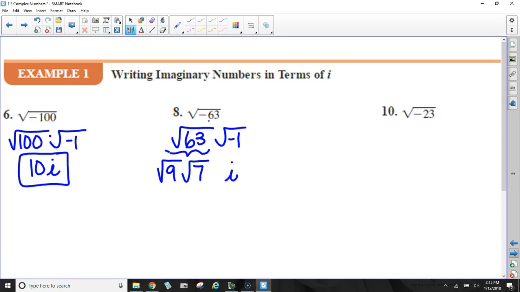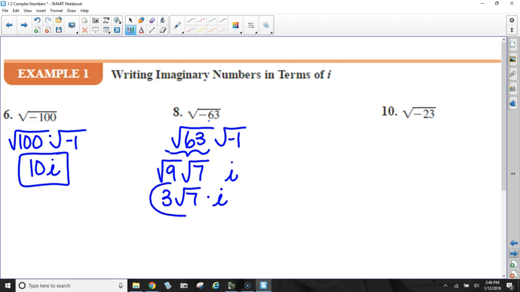And I'll go ahead and say that the square root of negative 1 is i. Remember, they had you review this in R.3 as well. The square root of 63 is not in simplified radical form, but when we write it as the square root of 9 times the square root of 7, the square root of 9 is just 3. Bring down times the square root of 7 and bring down the times i.